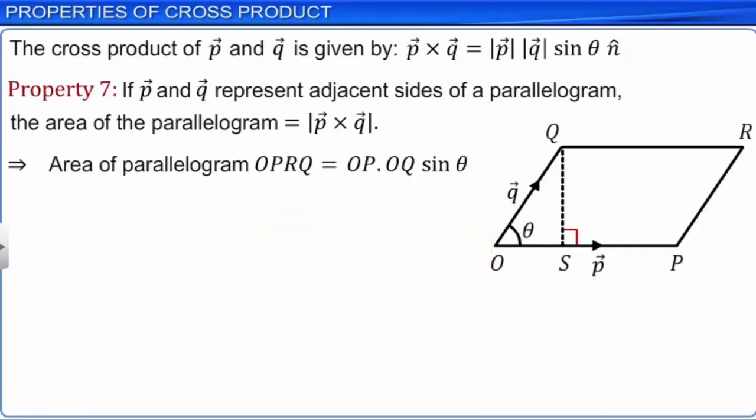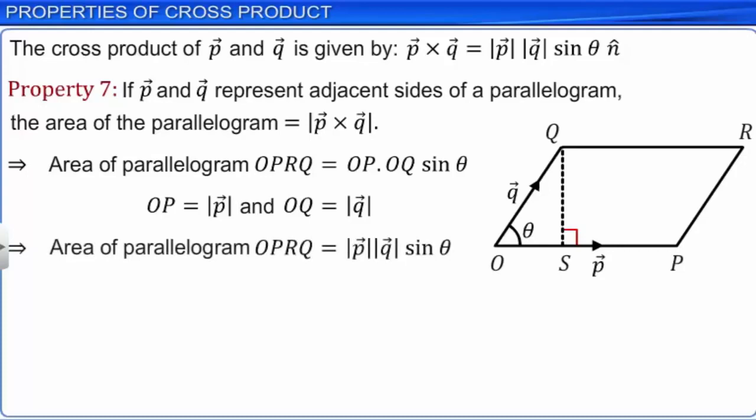Now, OP is equal to magnitude of vector P and OQ is equal to magnitude of vector Q. This implies that the area of parallelogram OPRQ is equal to the product of the magnitudes of vectors P and Q and sine theta.